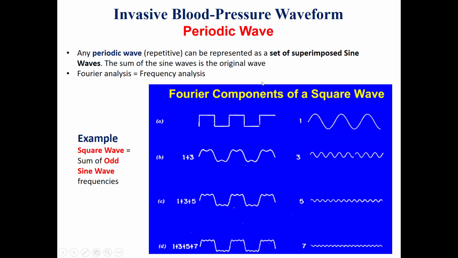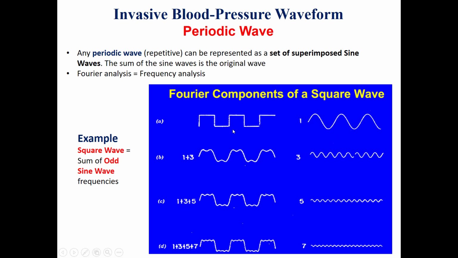Now, an important point we should know is what a periodic wave is. Any periodic wave can be made using a set of superimposed sine waves. As we said before, the arterial blood pressure is a periodic wave, so it can be made using a set of superimposed sine waves.